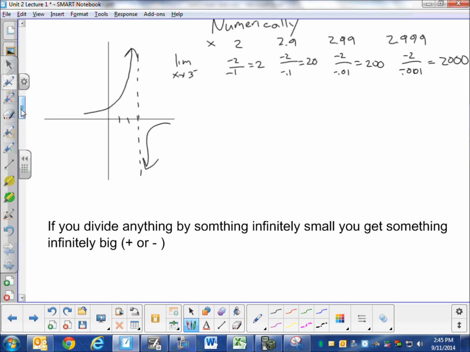What would be something infinitely small? Good. Yeah, something really, really close to 0. Okay? Not negative.